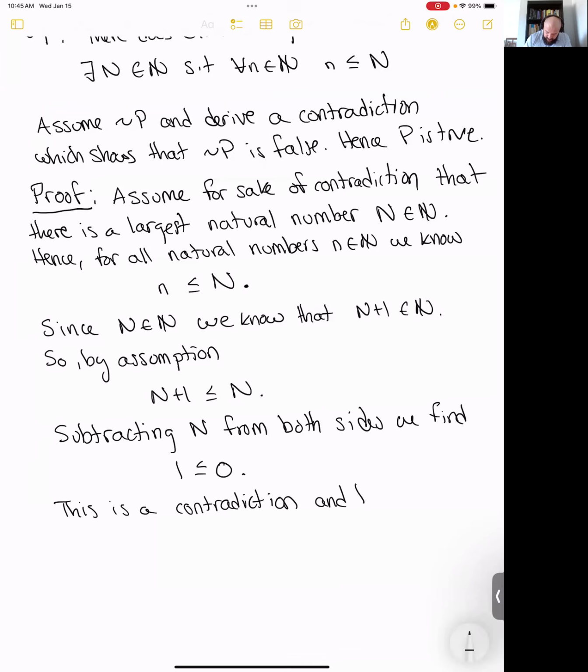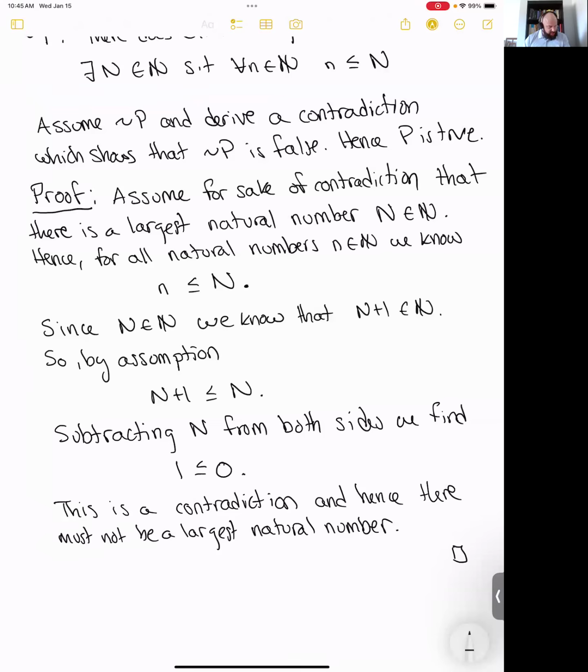And hence there must not be a largest natural number.